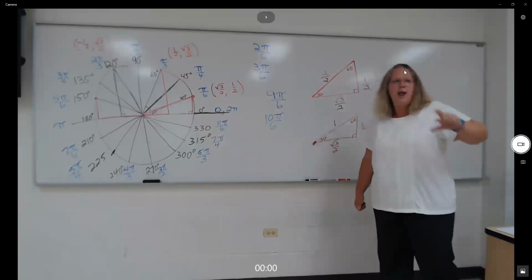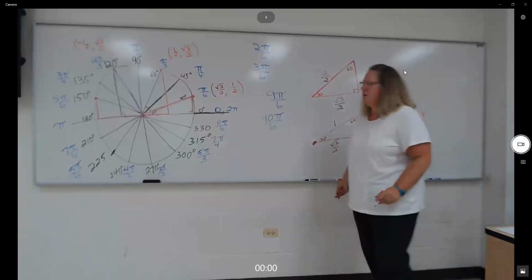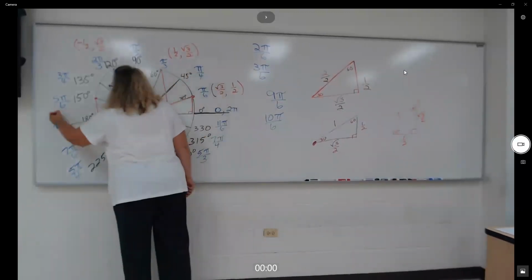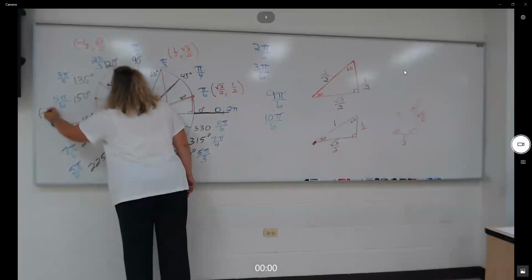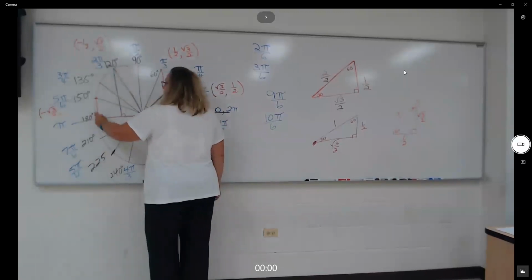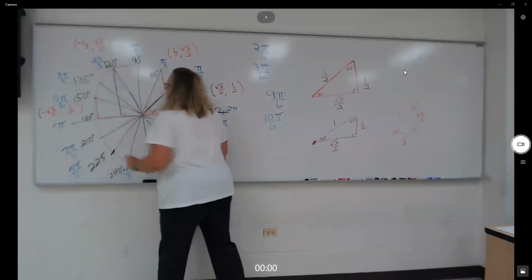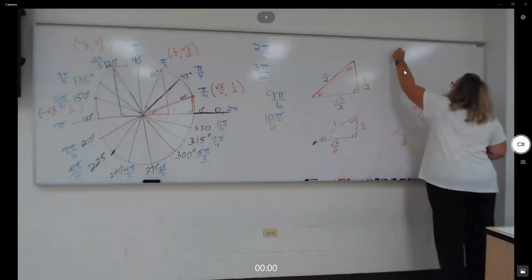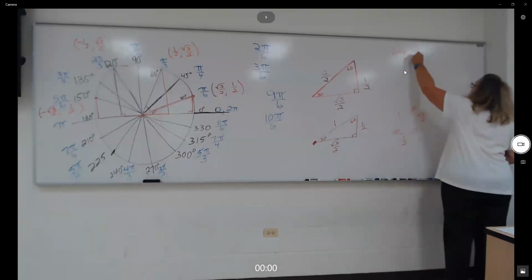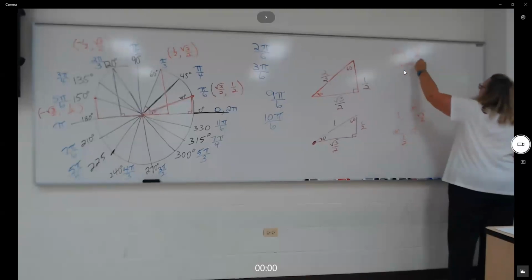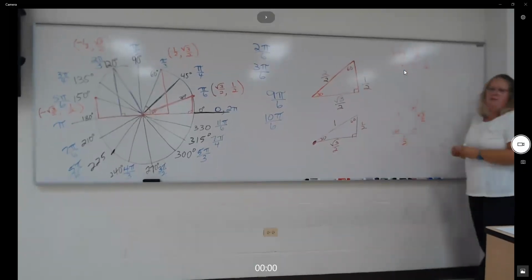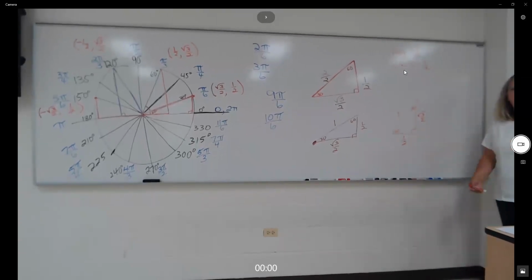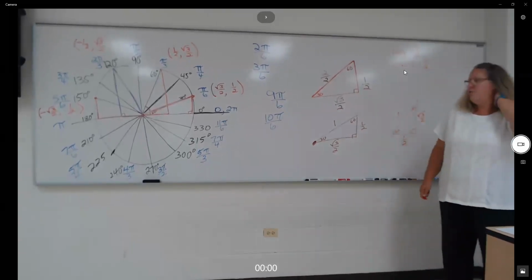The short line has to be 1/2. So my longer line, my x, I'm going to the left, so it's negative. Negative square root of 3 over 2, and then up 1/2. Long line, short line. Long has to be square root of 3 over 2. Short has to be 1/2. And that's how you do it so that you don't have to draw your entire unit circle. You don't even have to know what triangle it matches.